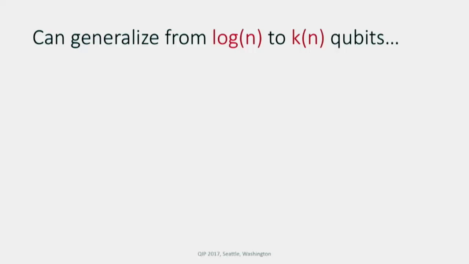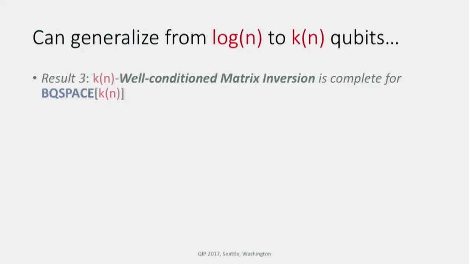All right, so let me just say that we can generalize this from a problem about n by n matrices that uses log n qubits to a complete problem for the class of quantum computation that acts on k of n qubits.